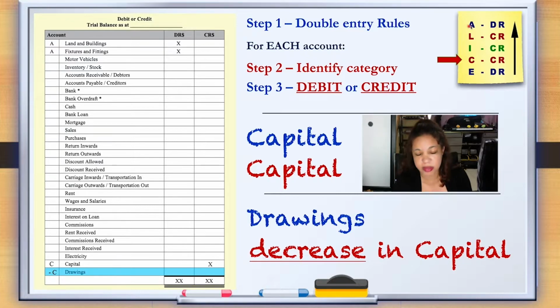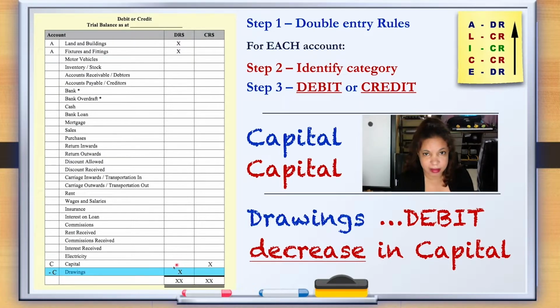Your assets show both increases and decreases. The liabilities, they show both increases and decreases. They all do except capital. The capital account only shows the increase, and we opened a separate account called the drawings account to show the decrease. So drawings, once you see drawings, that will not go automatically on the credit column, even though you identified it as a capital account. As it's a decrease in capital, it will go under debit.